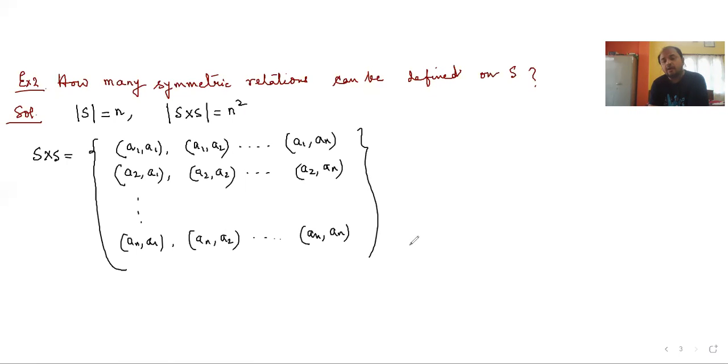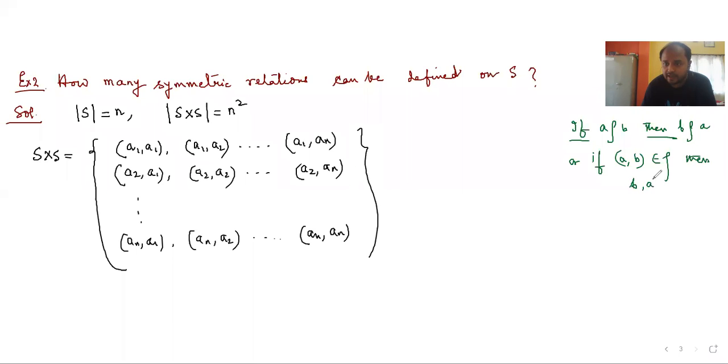Now, what was the symmetric property? Try to recall it. The symmetric property goes like this: if A row B, then B row A. Or if (A, B) belongs to row, then (B, A) must belong to row.